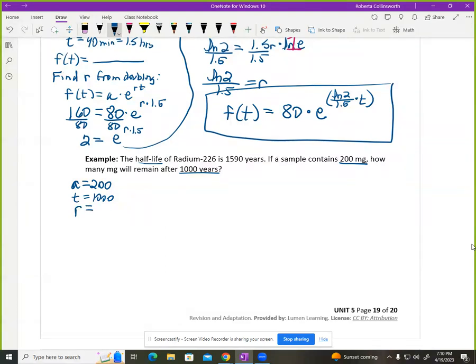So let's find R. I know that I have 200 milligrams times e raised to the R times T power. So to start with, I have that many years, and that 200 is going to become half of 200. So you can write it as half of 200, which is 100.